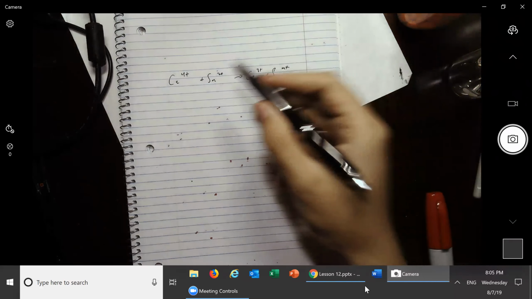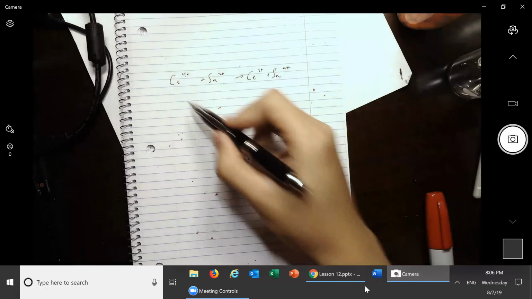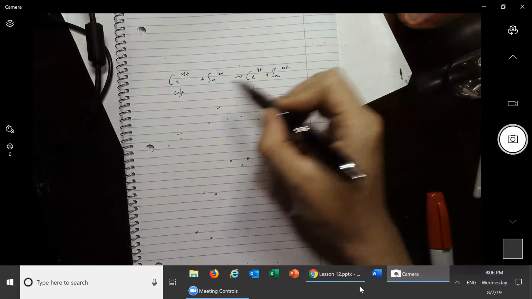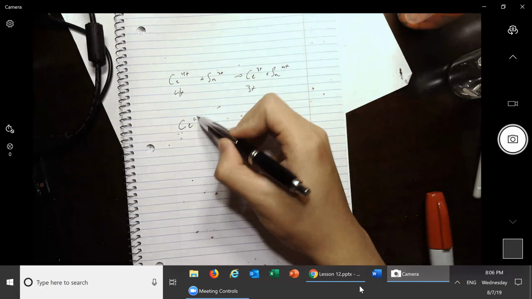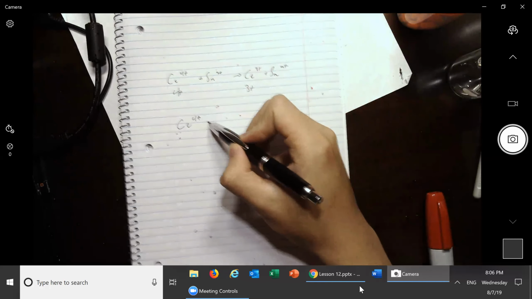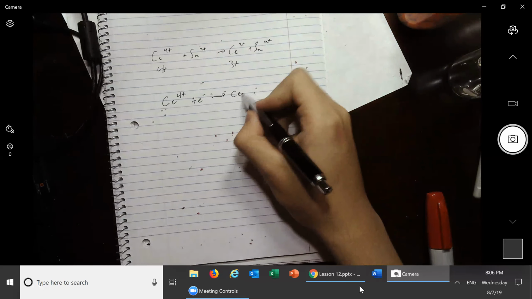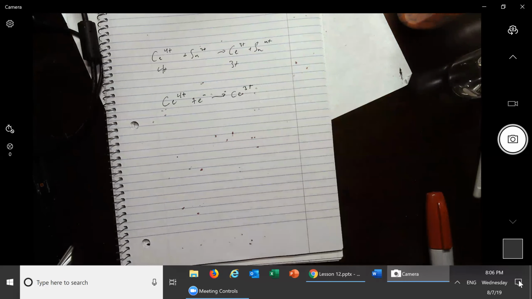So what are the oxidation states here? So we have 4 plus and then 3 plus. So one of the half reactions is going to be Ce4+ plus e- goes to Ce3+.